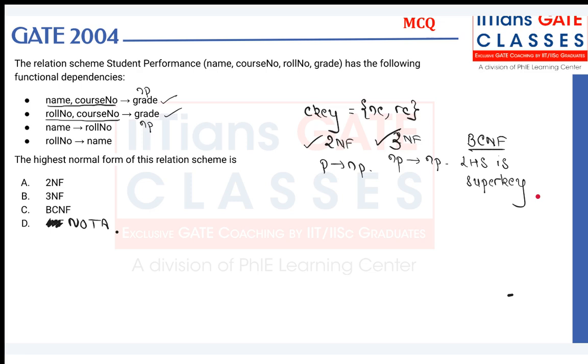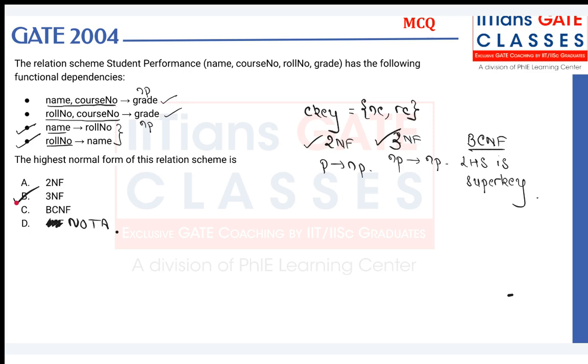If you look at these two dependencies, the name and roll number are not super keys. Are not super keys, right? So because of them, this table is only till 3NF. Okay. Clear? Can I proceed?